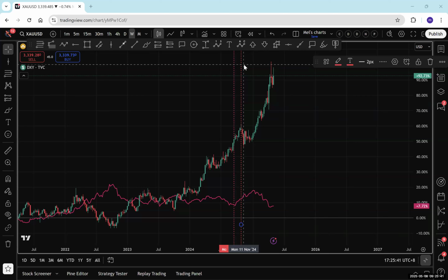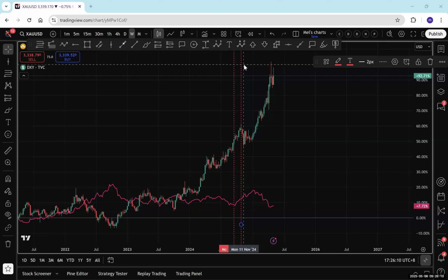Another possibility can be when there is a change in real interest rates. Gold is sensitive to real interest rates, which is basically your nominal rates minus inflation. So if real rates fall, and of course this is dependent on the US central bank announcements, right?